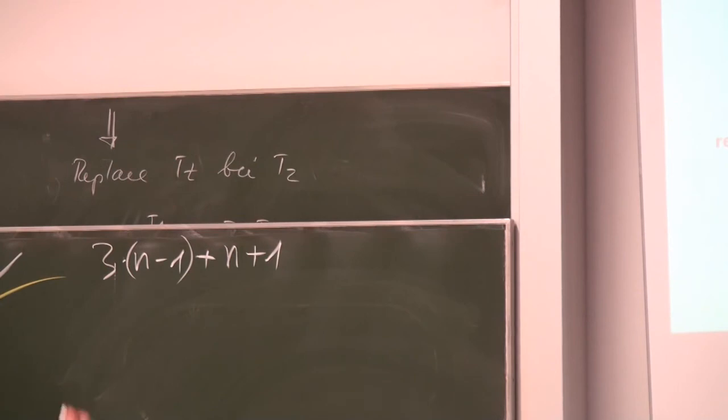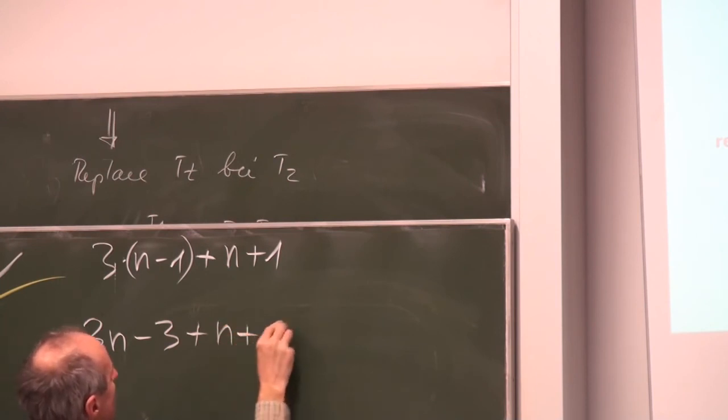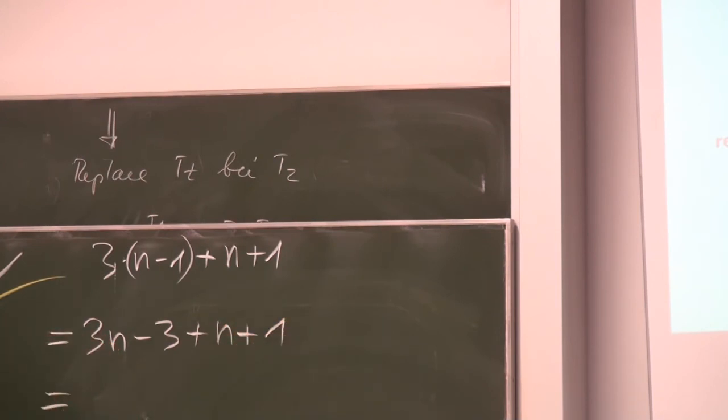So we get 3 times n minus 1, which is equal to 3n minus 3 plus n plus 1, which is equal to 4n minus 2. So you see we have 4n minus 2 requirements for how many unknowns? 4n.